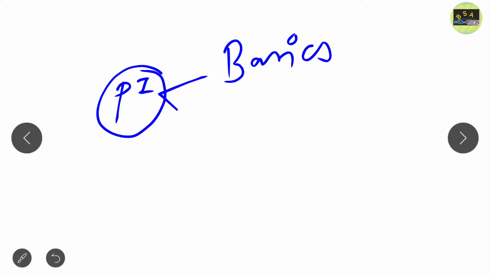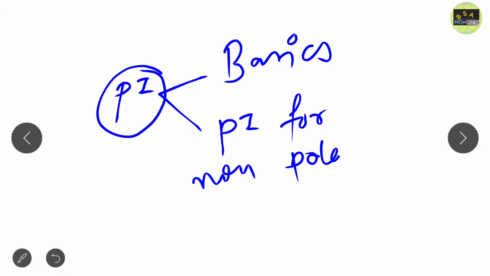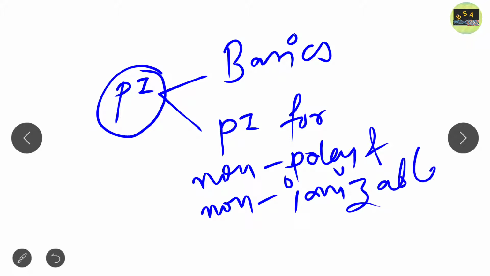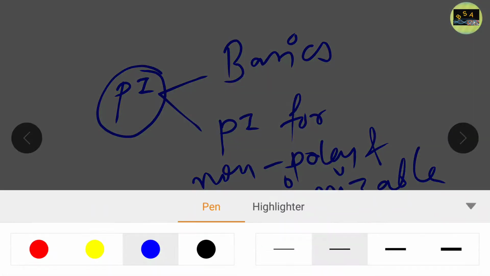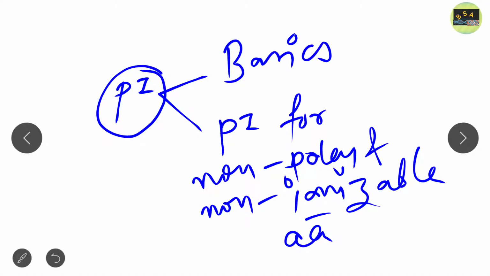And in our second lecture, we saw how to calculate isoelectric point for non-polar and for non-ionizable amino acids. So these two lectures were already completed, that is the basics of isoelectric point and the calculation of isoelectric point for non-polar as well as for non-ionizable amino acids.